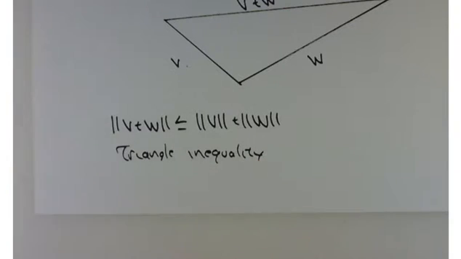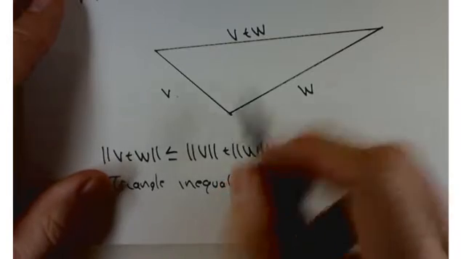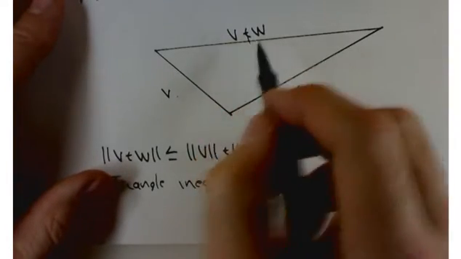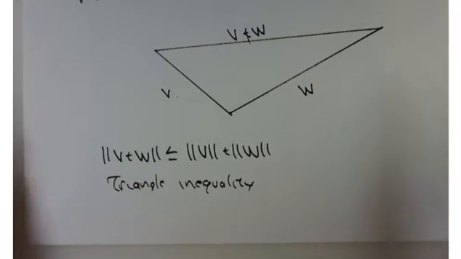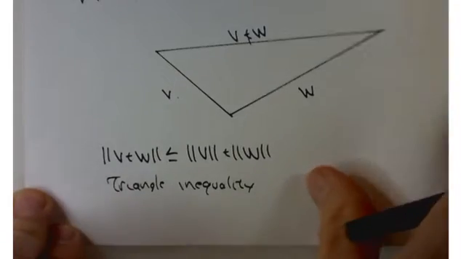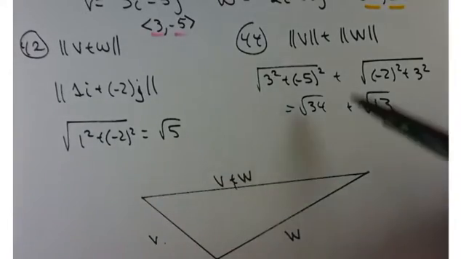The only time it would be equal is if everything pointed in the same direction, as if V was this way and W was this way, if they're all on the same line. In that case, you wouldn't really even have a triangle. It would just be a straight line. Okay, let's skip that for a second.